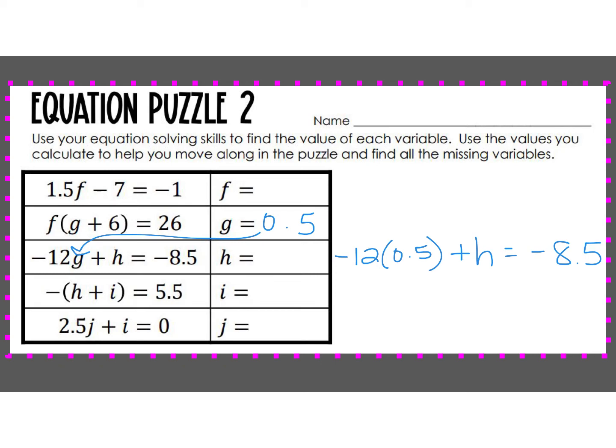Okay, so at this point, typically you're used to thinking about backwards PEMDAS and moving numbers to the opposite side of the equal sign away from the variable. However, in this case, we have this multiplication sitting here. We need to take care of that before we can move any numbers away from the variable. So we just need to go ahead and do negative 12 times 0.5 equals negative 6, and then rewrite what we have.